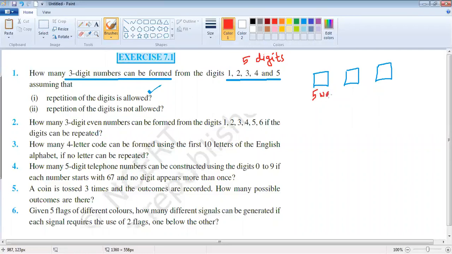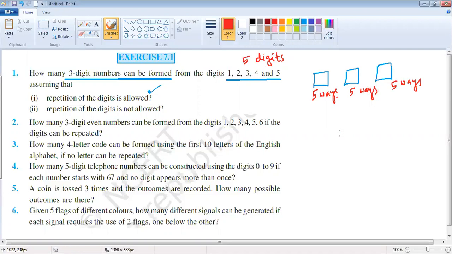The second digit can be possible in 5 ways because repetition is allowed. The third digit can be possible in 5 ways because repetition is allowed.